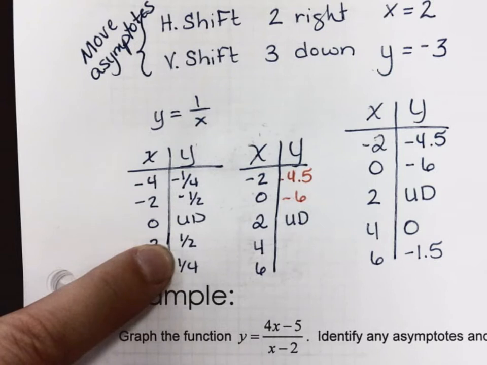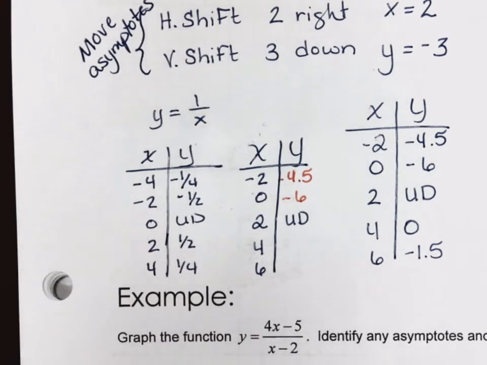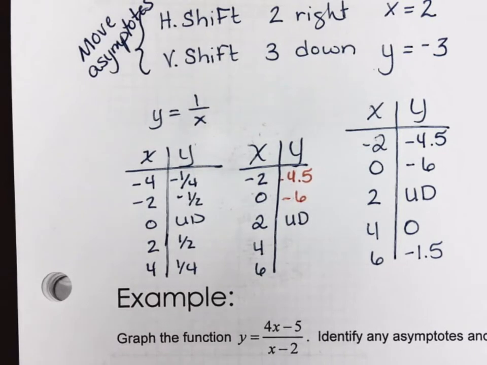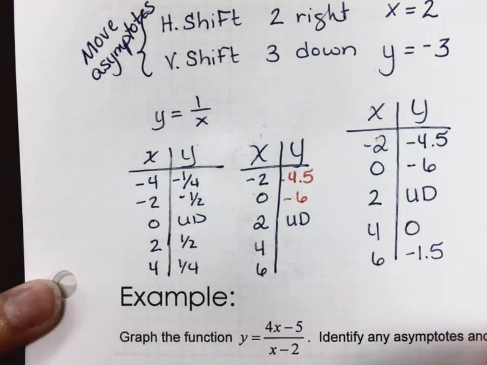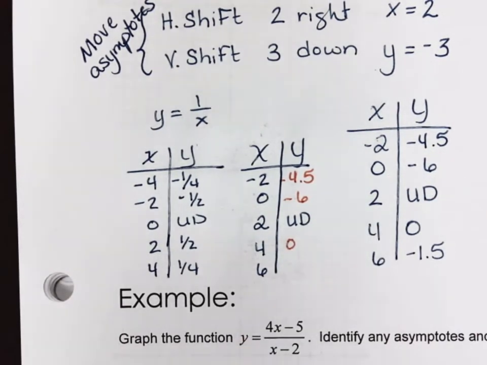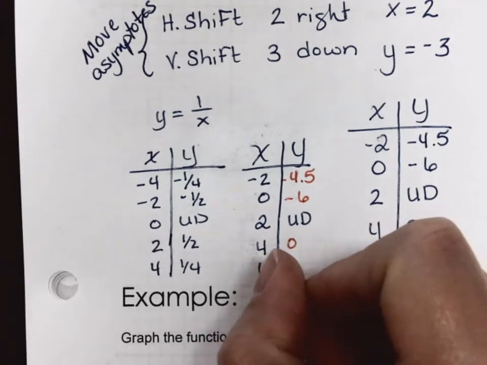No. So 1/2 times 6 is 3. 3 minus 3 is 0. Nice. Good job, Nicole. Didn't even need your calculator for that one. Okay. 6 times 1/4 is 6 over 4, which is 3 over 2, which is 1.5 minus 3.